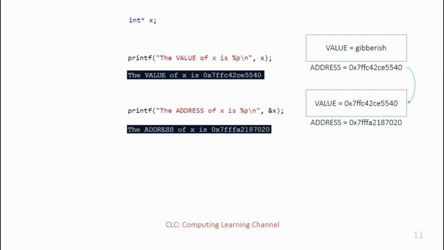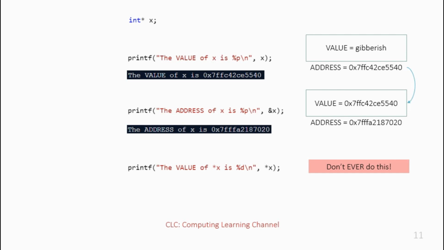Next, let's see what happens if we try to dereference x. Dereferencing sounds complicated, but it's actually very simple. Think of it as backtracking. We have x, which stores the address of the newly allocated space for an integer. If we dereference x, we follow the address it is storing, or in other words, it points to, and retrieve the value from that cell.